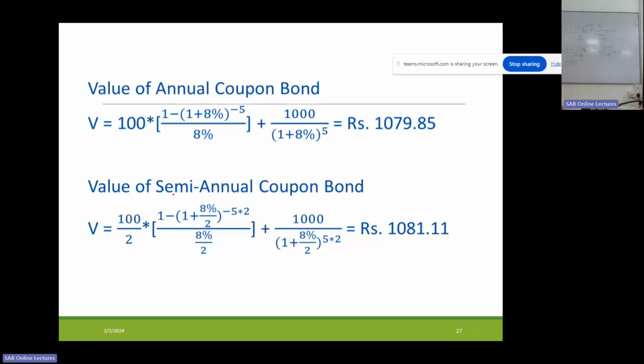Money received earlier is more valuable than money received later. So that is the reason you are paying more here. Therefore the theory is the time value of money.